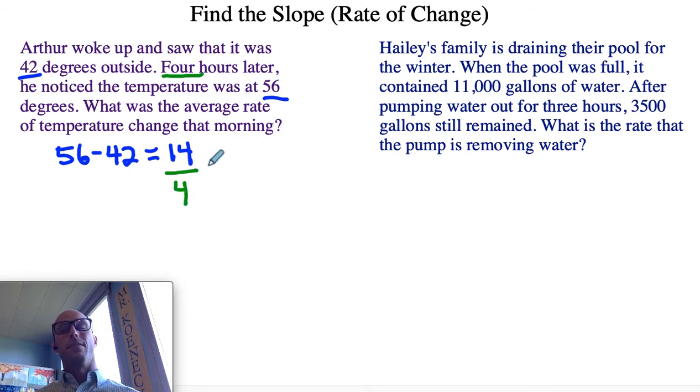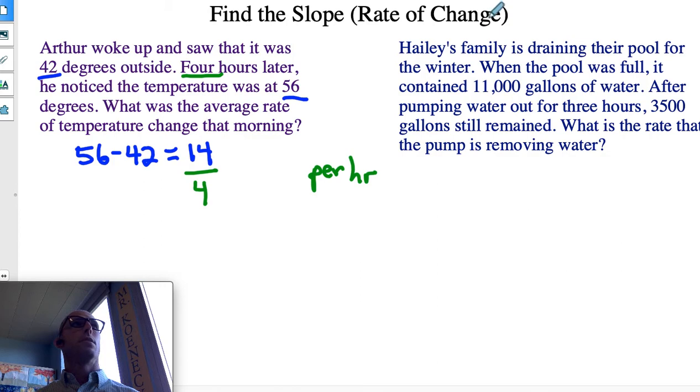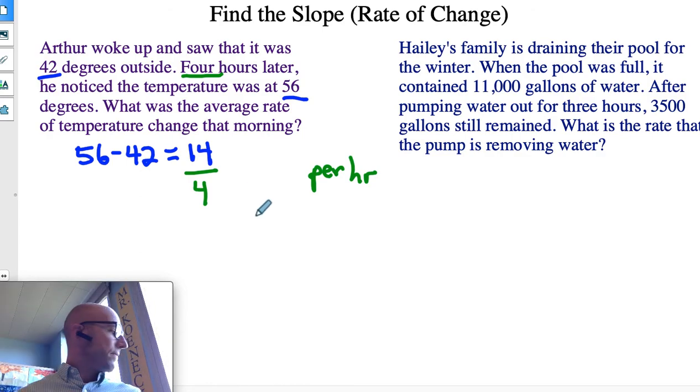If I want my average rate of change, it needs to be per unit, or per hour. So I just need to divide this out, and that's going to give me my rate. I'll use the calculator next to me.